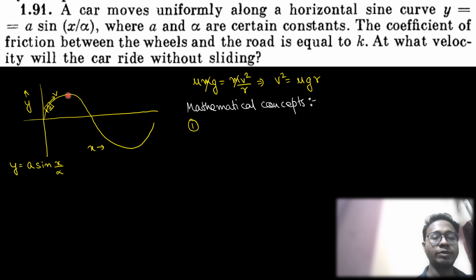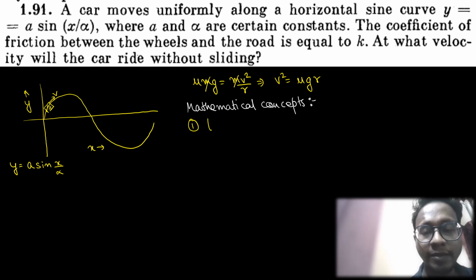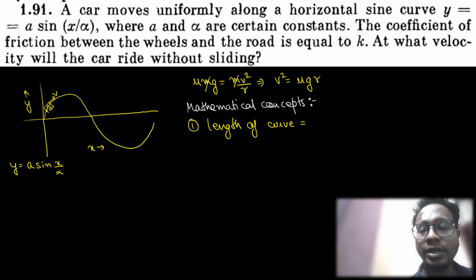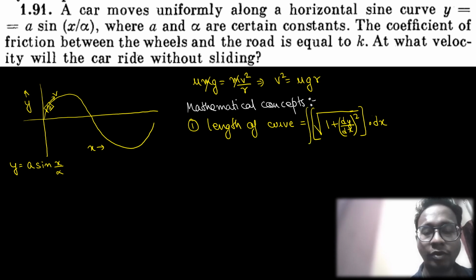If someone asks you to find the length of the curve, the length of the curve is given by the integral of under root of 1 plus dy by dx whole square, with respect to dx, from x equal to some value to x equal to some other value.